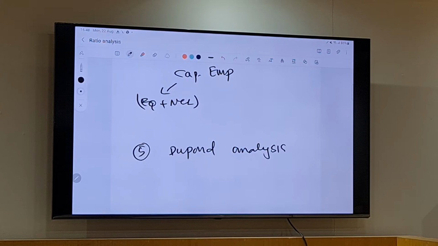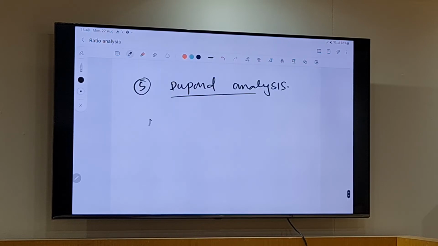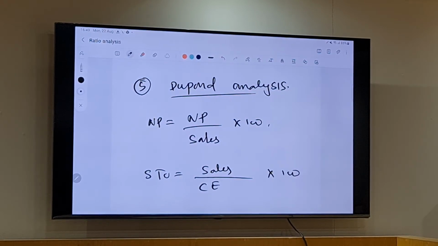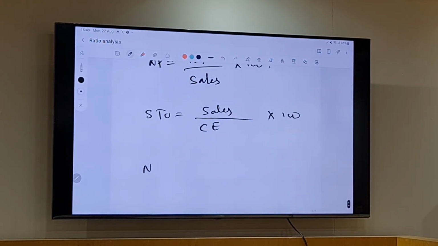You take the NP, net profit over sales into 100, and then you take sales turnover ratio, sales over capital employed into 100. Now what you do, NP into sales turnover ratio. What will happen? NP over sales into 100.